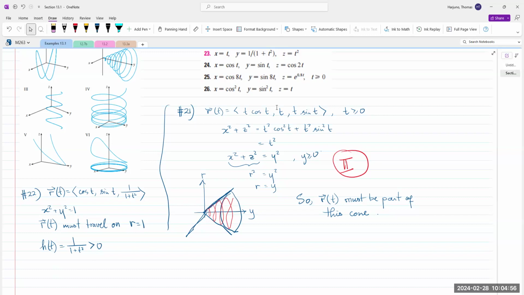What happens when t equals 0? When t equals 0, r(0) is less than or equal to 1, and the coordinate will be (1, 0, 1).